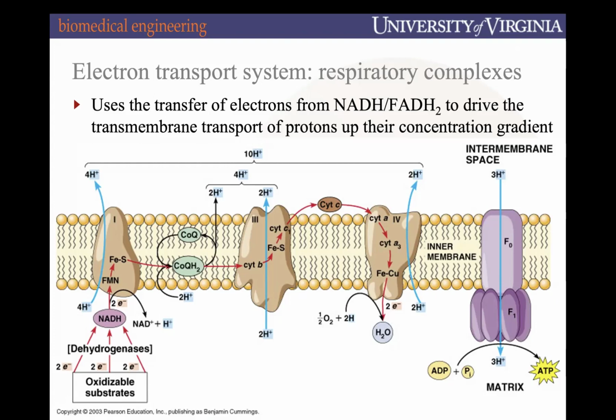We have the donation of the electrons to these complex proteins in the inner membrane of the mitochondria. The donation of those electrons is now going to start driving hydrogen ions across these complexes, or as a result of coenzyme Q passing along the electrons, they're going to move 10 hydrogen ions across for every NADH molecule.